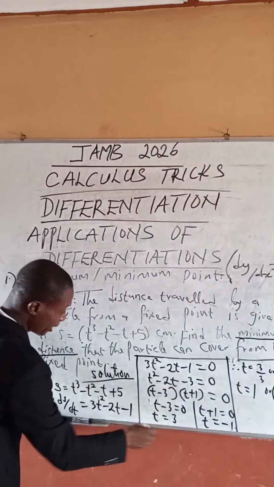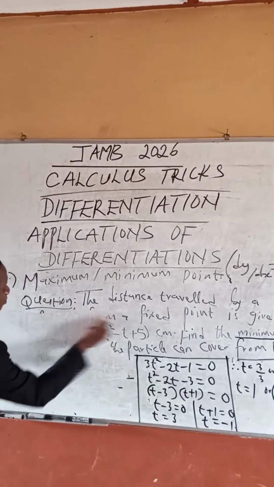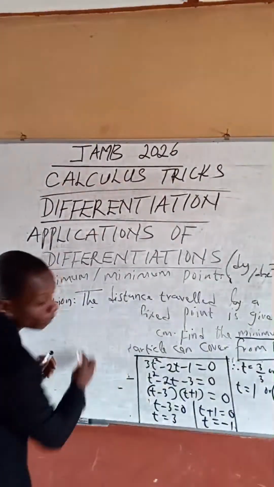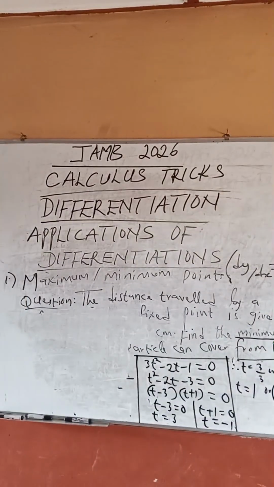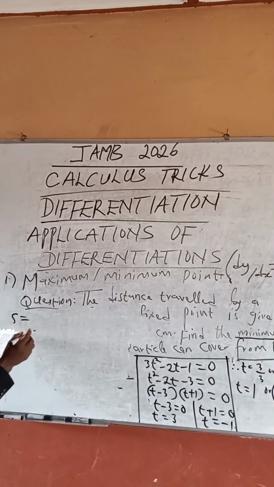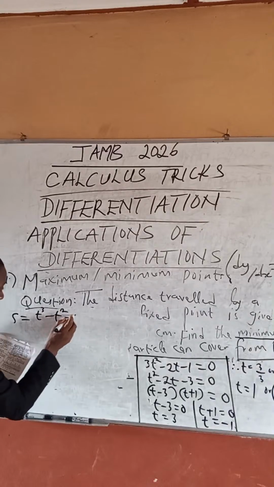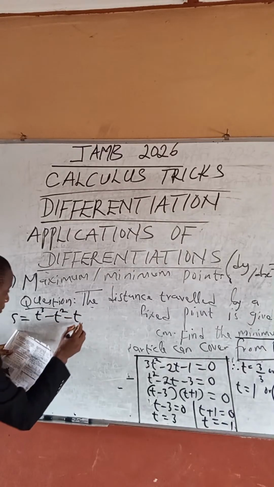I hope we understood this one. So we are going to use the equation we already have there. What was the equation? S equals t raised to 3 minus t raised to 2 minus t, plus 5.